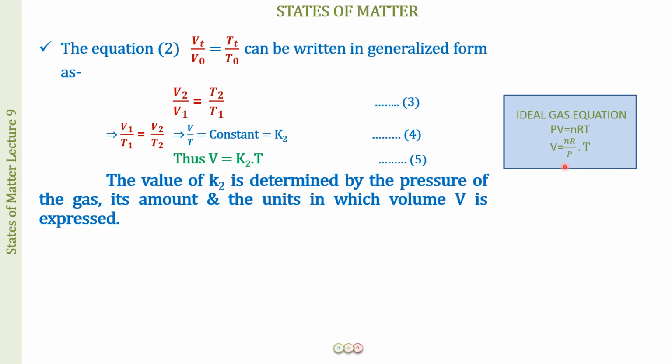A very important thing over here, please do remember the relationship of K2 with pressure. With increase in pressure, the value of K2 is going to decrease. And I hope you will understand the significance, because you have seen it in the graphs related to the Boyle's law also.